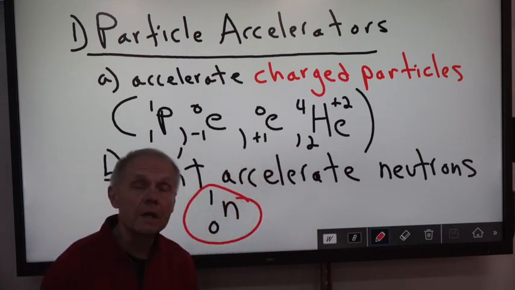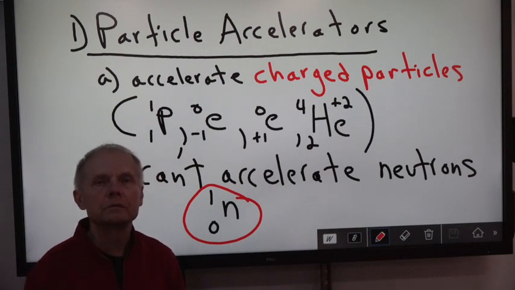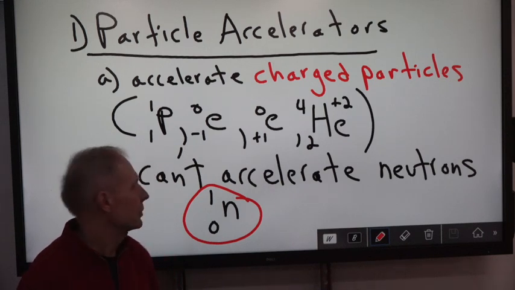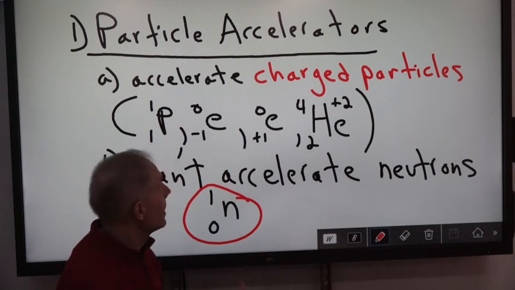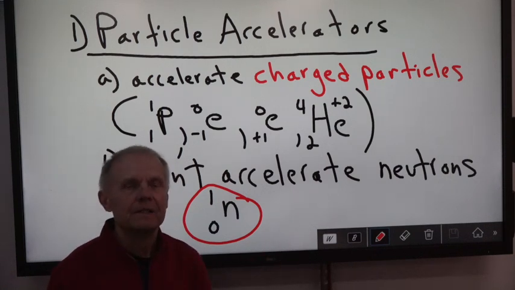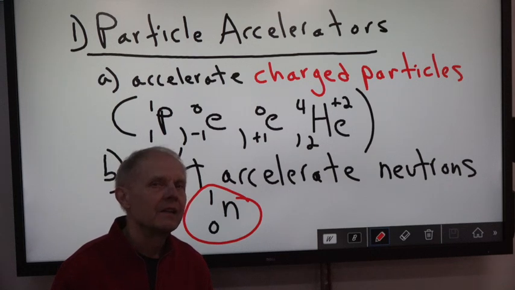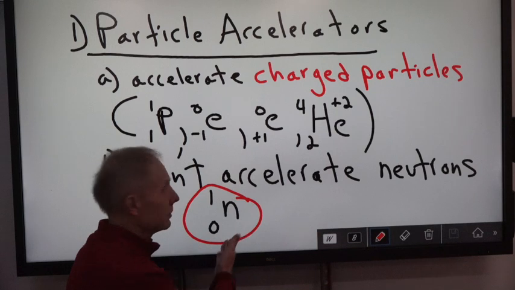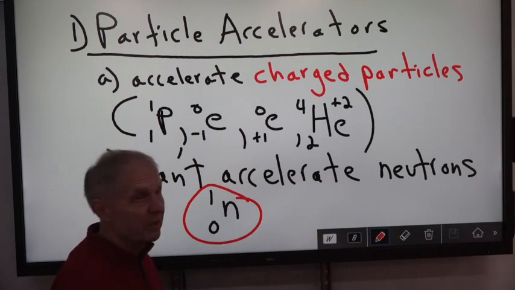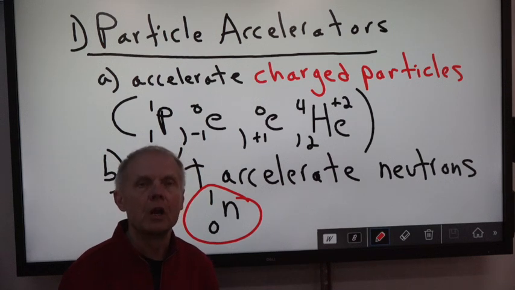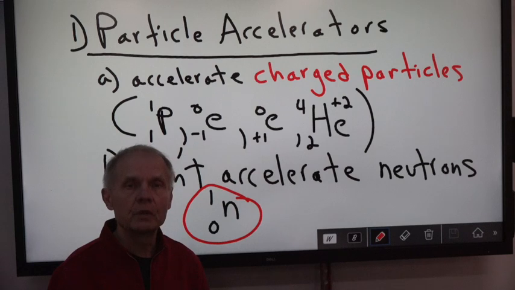Because a neutron has no charge. So what they have to do is what we're going to be talking about today. They have to find radioisotopes that give off neutrons. And neutrons are kind of perfect to smash into the nucleus of another atom because neutrons have no charge.